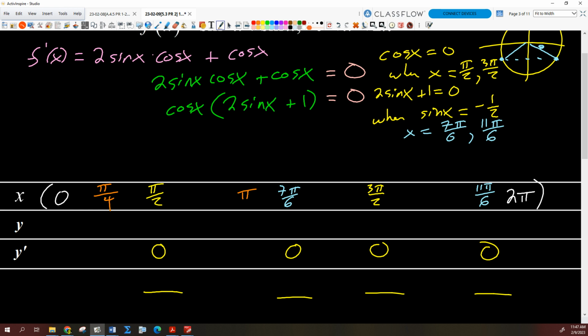I don't have any vertical asymptotes here, but if I had a vertical asymptote at like 5/4 pi, I would need to pick something between the vertical asymptote and my critical number. Does that make sense? Okay. We haven't really dealt with a lot of vertical asymptotes yet, but we will get a lot more practice with that. And I've got more to say about vertical asymptotes when we get there.